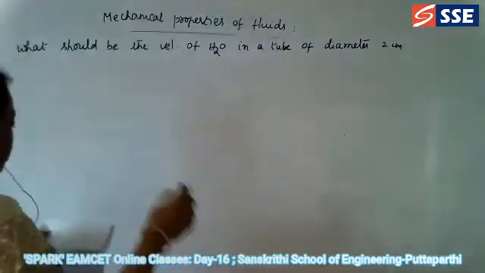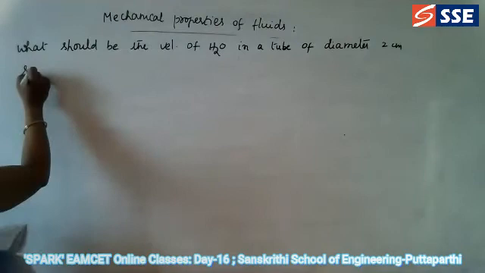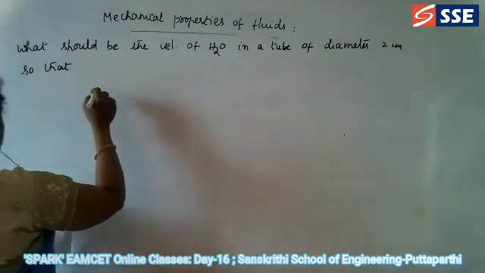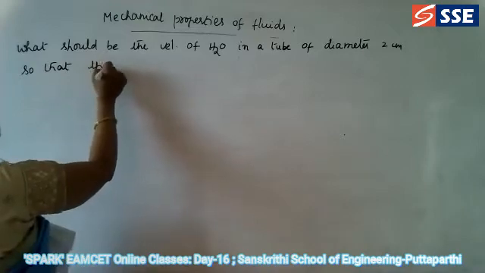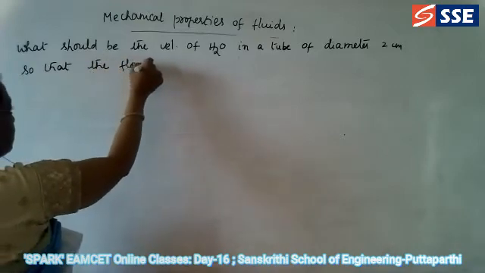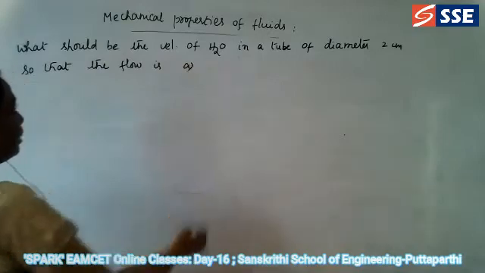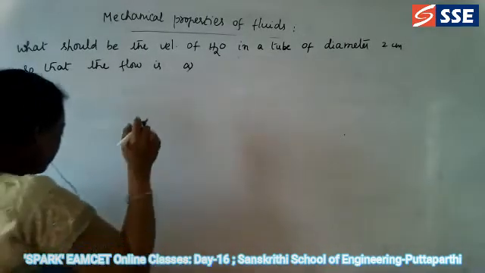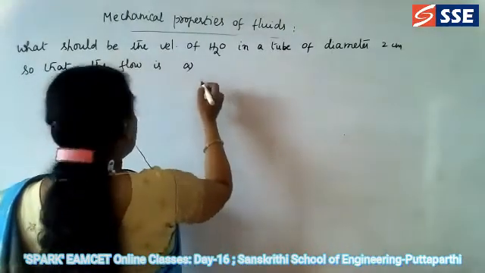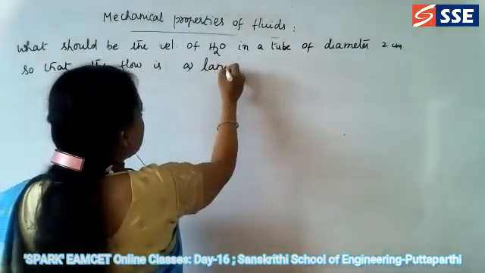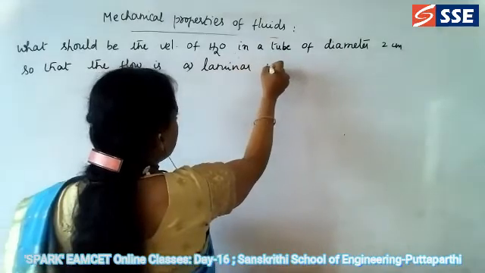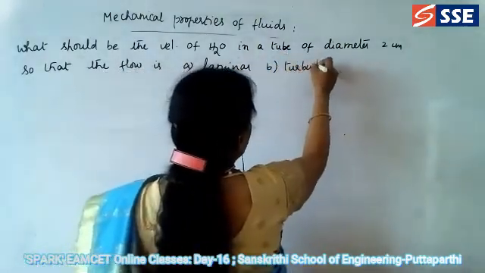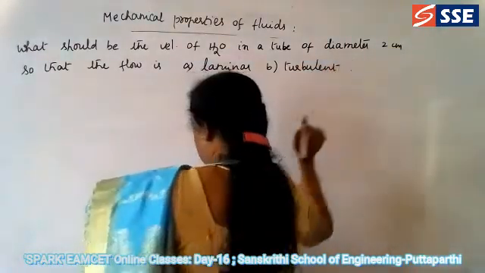Diameter 2 centimeters. So the flow is at 2 points, so in 2 points we have to calculate. One is the laminar case we have to calculate, and second one is the turbulent case.